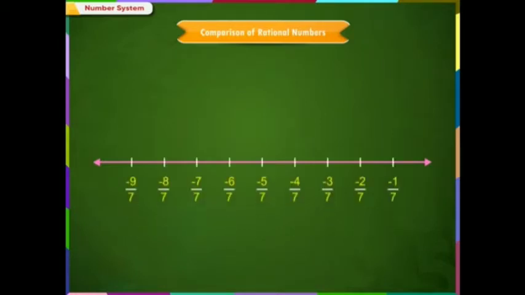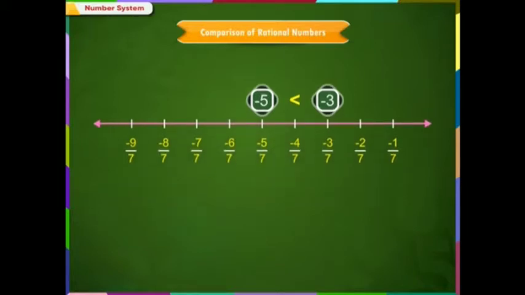Now, look carefully at the number line and see where your numbers -5 and -3 are located. Since -5 is to the left of -3, this means that -5 is smaller than -3, or -3 is larger than -5. Hence, we can say that -3 by 7 is greater than -5 by 7.